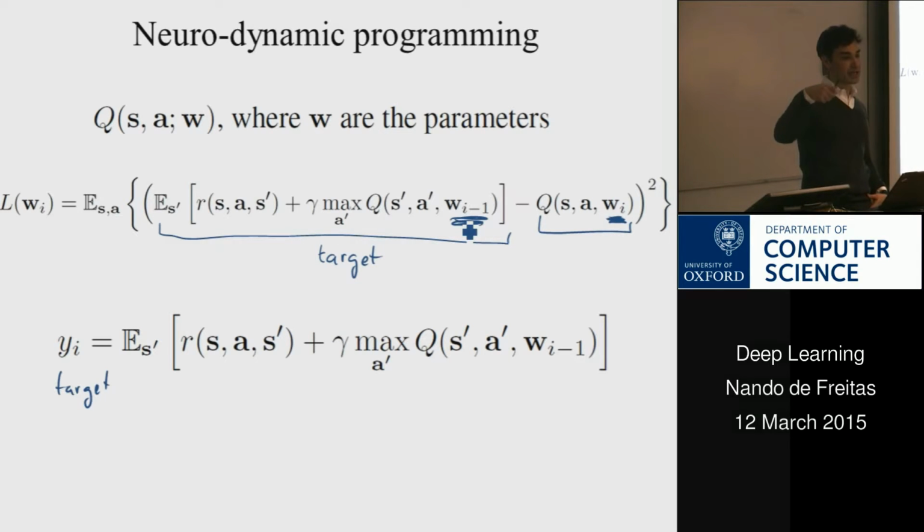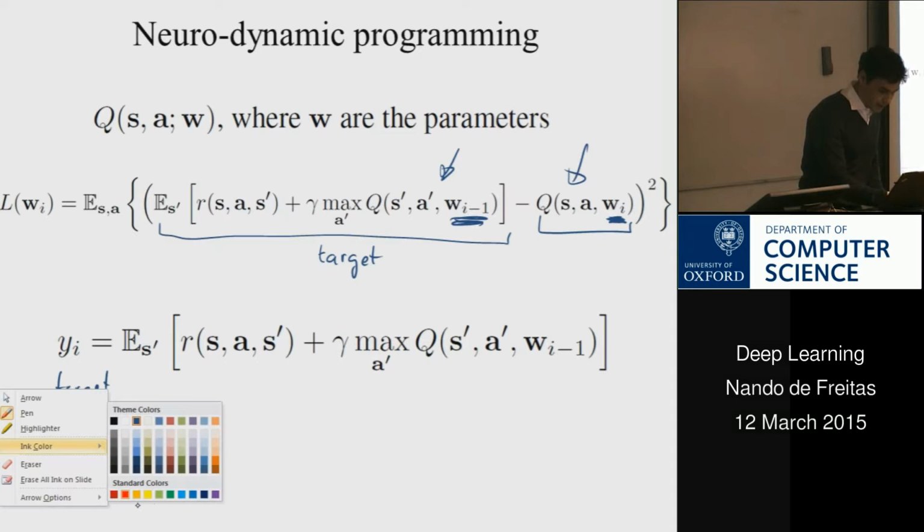The idea there is that to construct a target, we're looking at the previous Q function, and then we're putting this previous Q function through the Bellman equation to give us a new Q function. And what we're trying to do is approximate that Bellman backup by minimizing this difference between this guy here and this guy here.